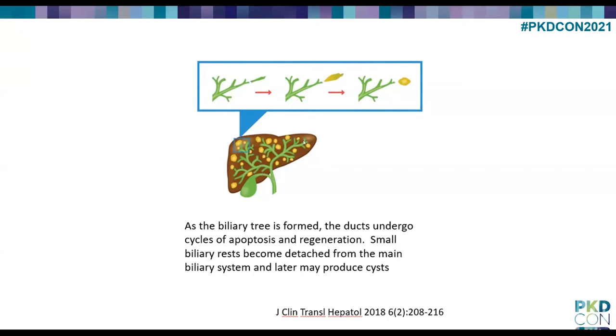This is making bile acids that are important for digesting fats. And what you see forming here are cysts. The idea is that there may be a little bit of a rest left over, and then in time there can be fluid secretion into that, and formation of a cyst that is then completely separated from the rest of the biliary tract.